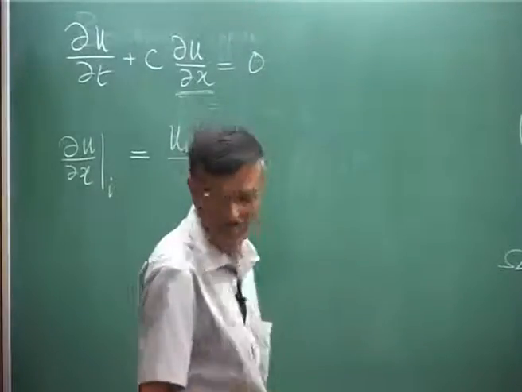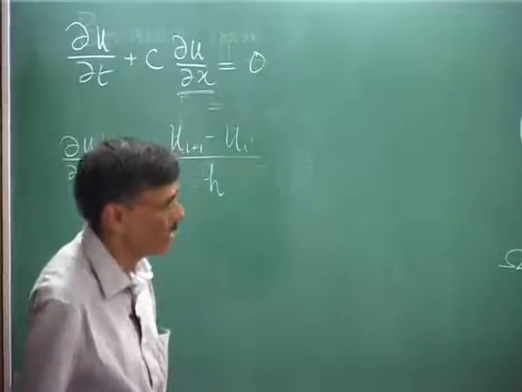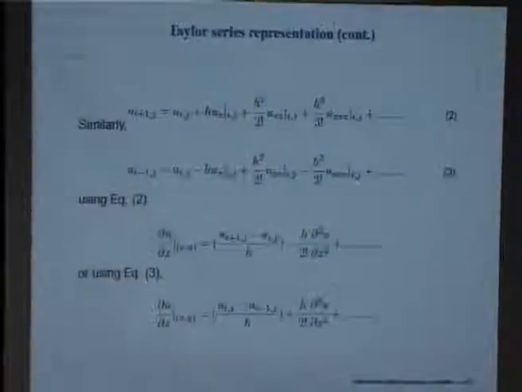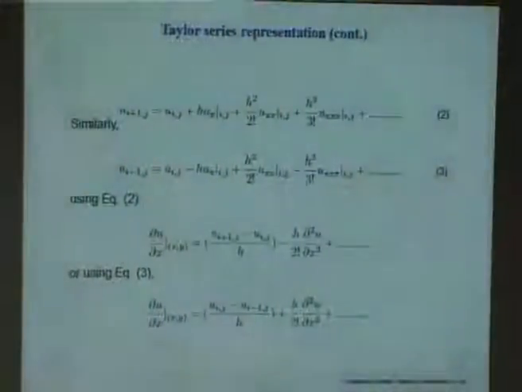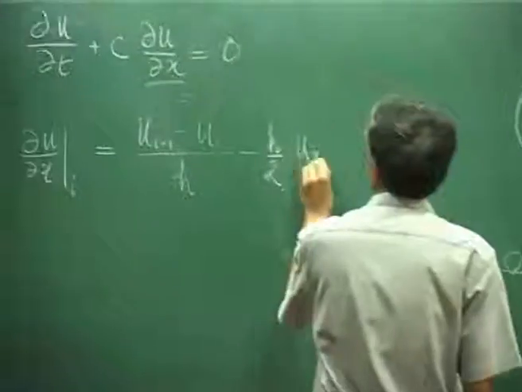What was the truncation error term? It is here, right. So, we have this as the truncation error term. I will write this as minus h by 2 u x x.